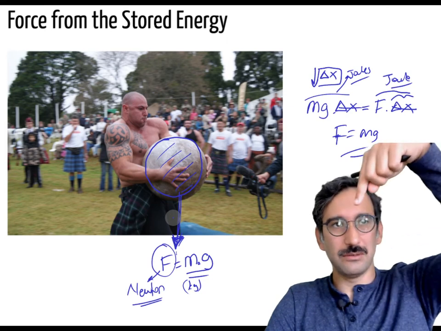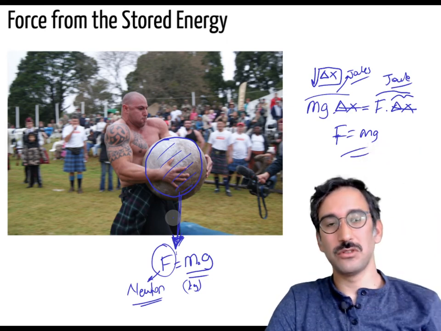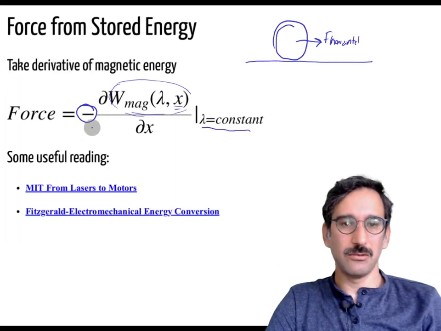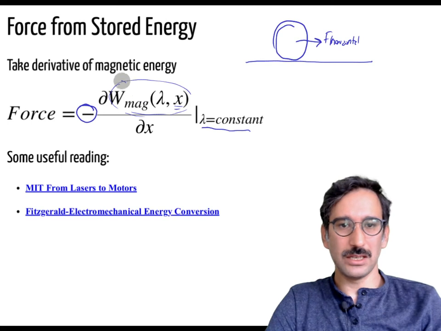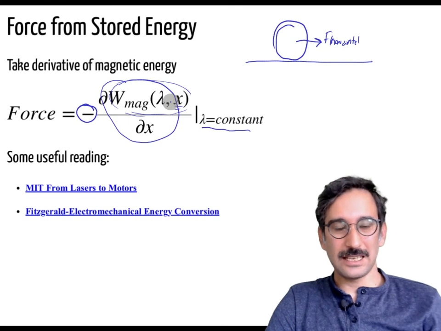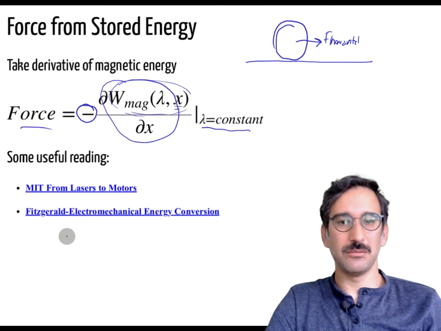The positive sign shows the direction of the force. That is why we have some negatives. So if it is reducing in the x direction, the derivative will be negative, and the negative will create some positive force.